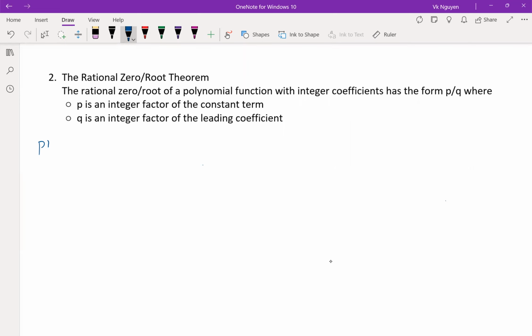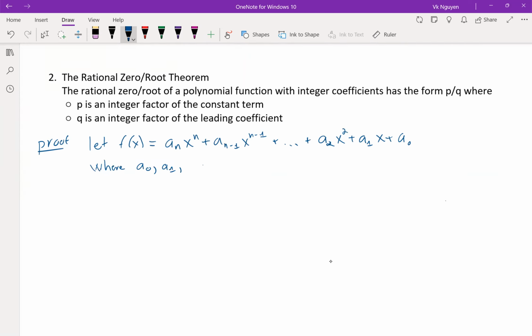Let's prove it. Let f of x equal a sub n x to the n plus a sub n minus 1 x to the n minus 1 plus ... plus a sub 2 x squared plus a sub 1 x plus a sub 0, where a sub 0, a sub 1, ..., a sub n are integers.